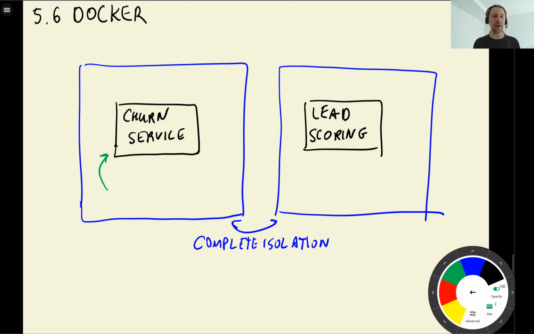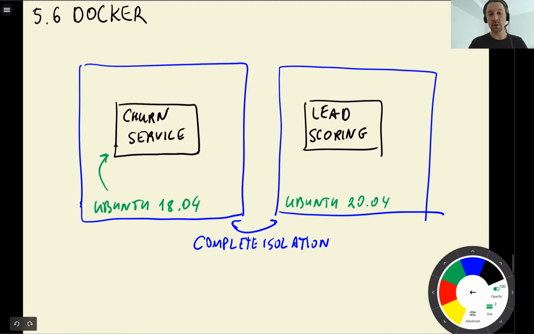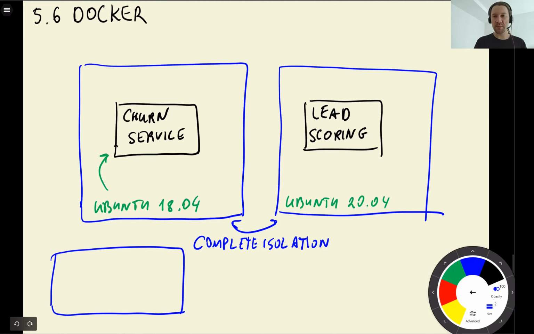We can specify any kind of environment we need. For example, if we need Ubuntu of some specific version, let's say 18.04, then we have that. And if for the lead scoring project we need a newer version of Ubuntu, perhaps 20.04, then it's also fine. And then we can have some other service, maybe an email service, a service that the marketing team can use for sending emails. Maybe this email service is running on Perl and uses Amazon Linux.